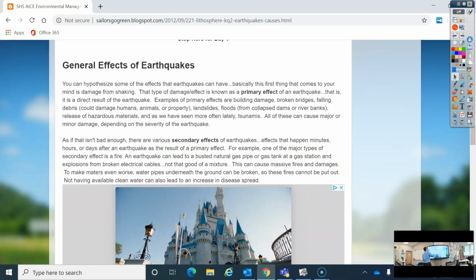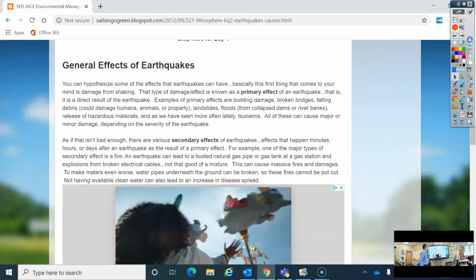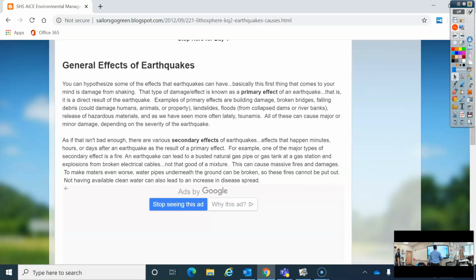All right. So general effects of earthquakes. We've got two different types of effects: primary effects and secondary effects. The first thing that comes to your mind is damage from shaking. So primary effects of earthquakes are going to be buildings falling, bridges collapsing, things like that.